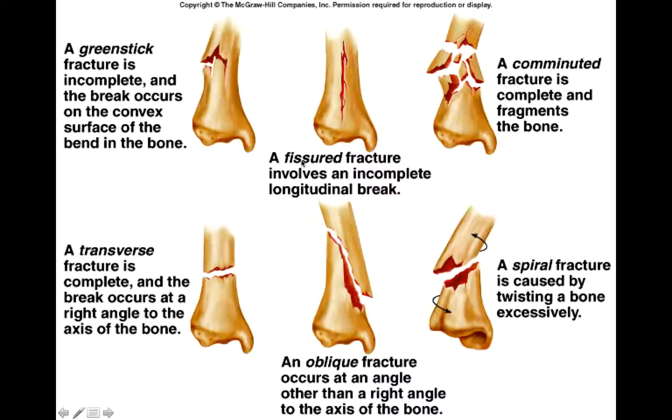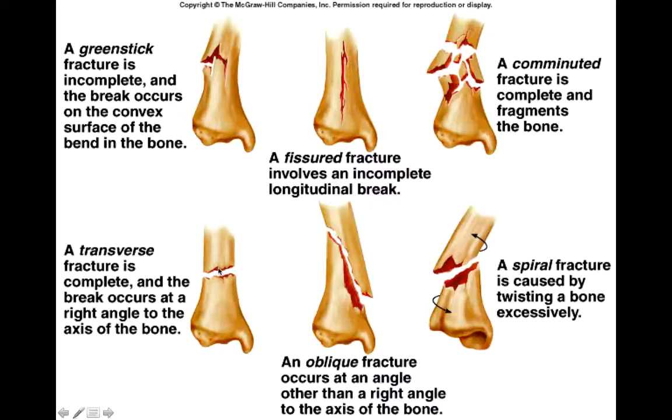A fissured fracture is a break that's in a longitudinal manner rather than transverse. So when these happen, you get a crack along the longitudinal and it won't break all the way through. A comminuted fracture is when you get a bunch of pieces, so maybe a bullet passing through the bone or a severe break that breaks into a bunch of pieces.